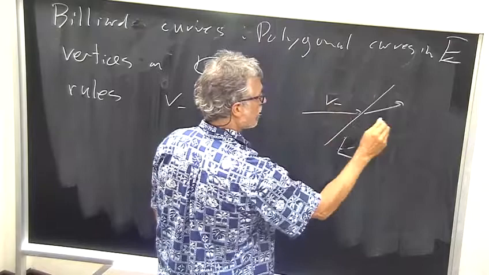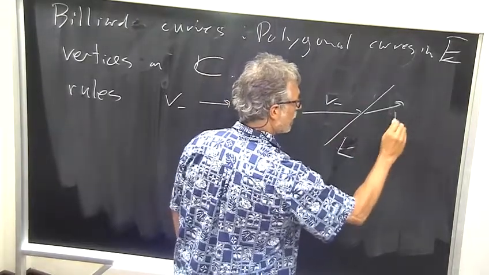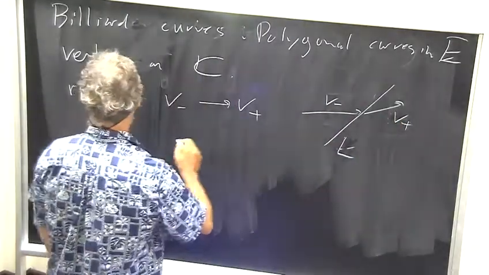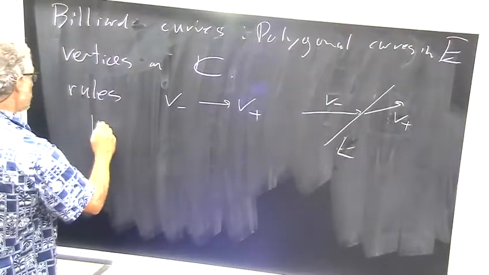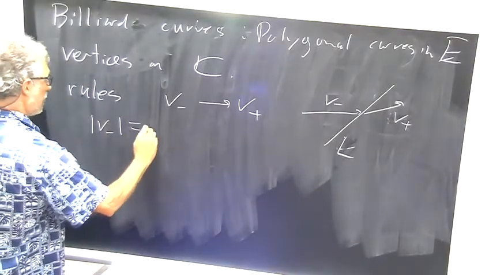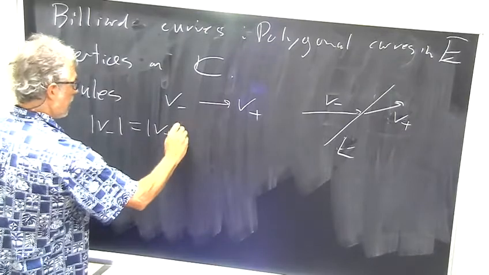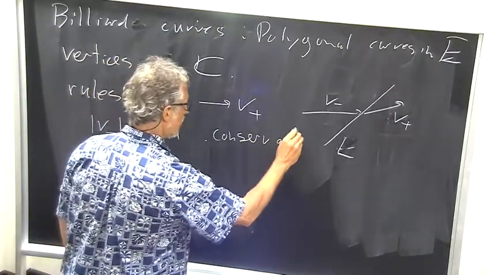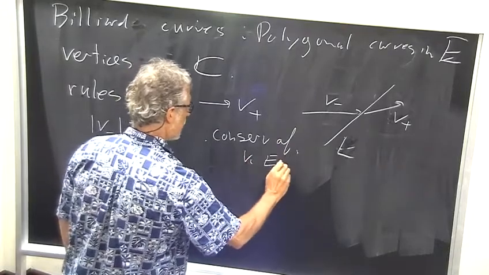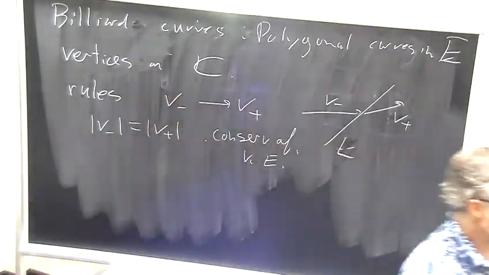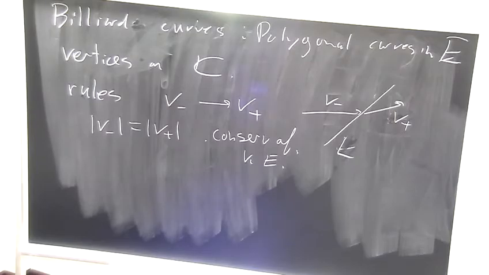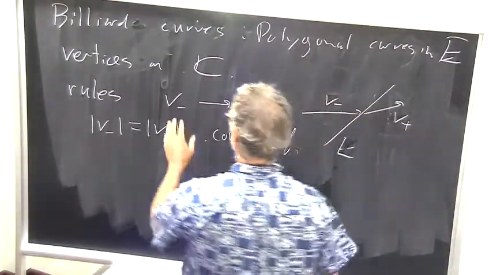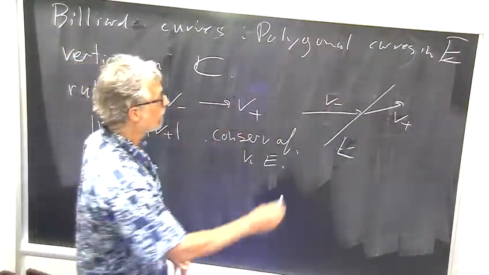So I have an incoming velocity and an outgoing velocity. So the rules are simple. This is conservation of kinetic energy. So in this example, if you translate out what that means, the energy before is the energy after.